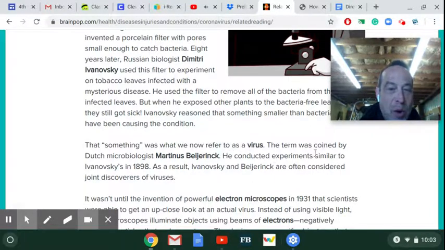The term was coined by Dutch microbiologist Martinus Beijerinck. He conducted experiments similar to Ivanovsky's in 1898. As a result, Ivanovsky and Beijerinck are often considered joint discoverers of viruses.